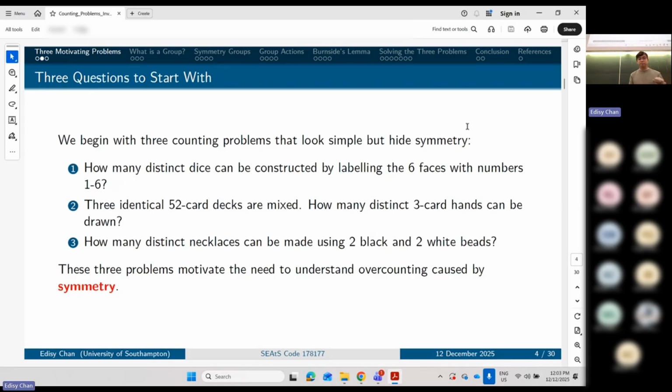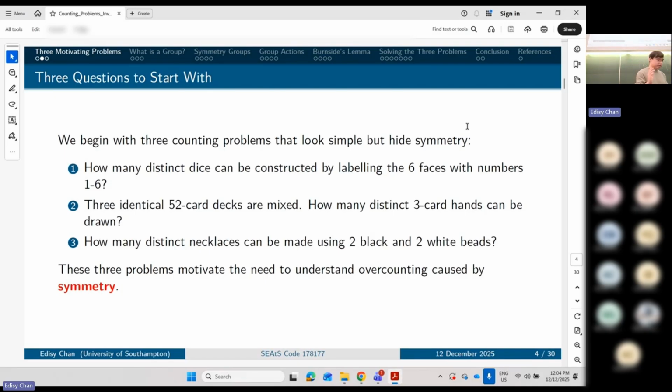The third one is how many distinct necklaces can be made using 2 black and 2 white beads? This one may be easier. You may be able to tell me the answer right away. But we can also make use of the theory to solve this problem, actually any of these 3.